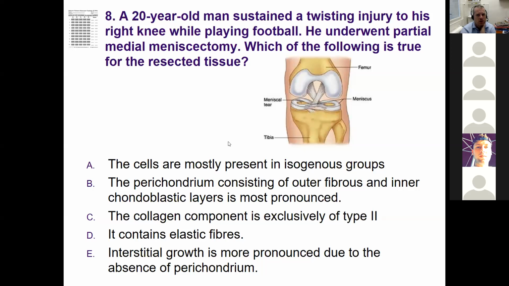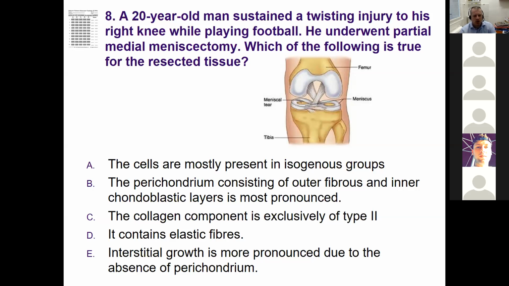Now the polling should be active and available for you. You definitely need to know what type of tissue makes these menisci, right? And again, this is for you to have some feedback. The poll is anonymous. I cannot see who responded this way or that way.